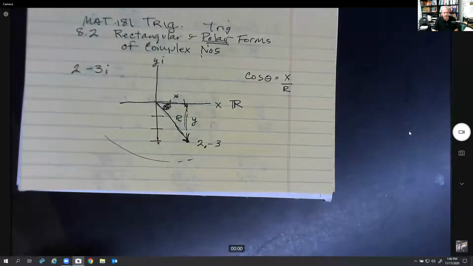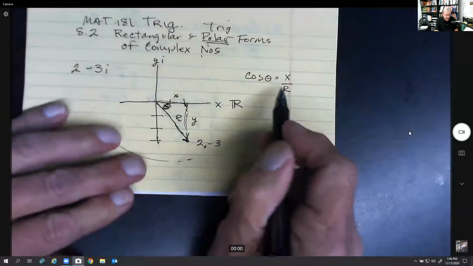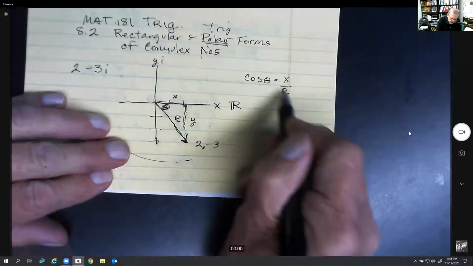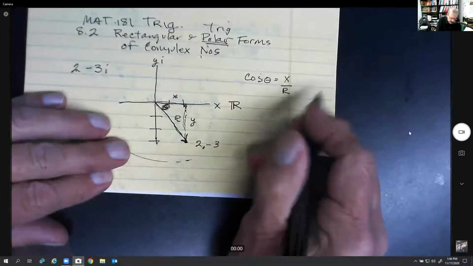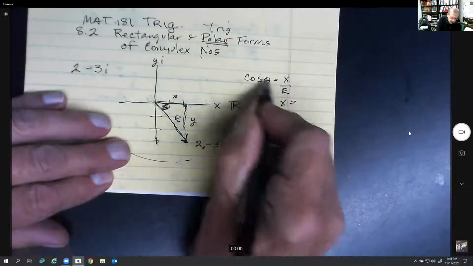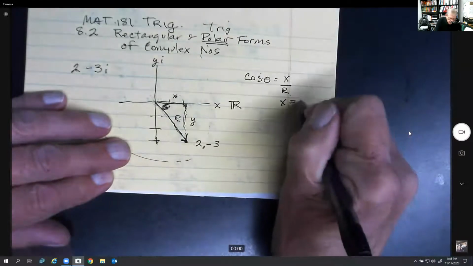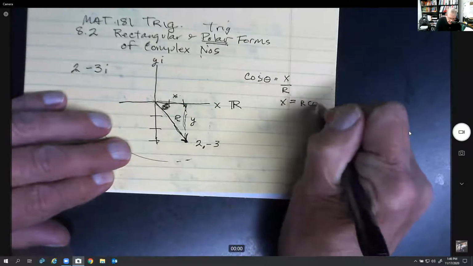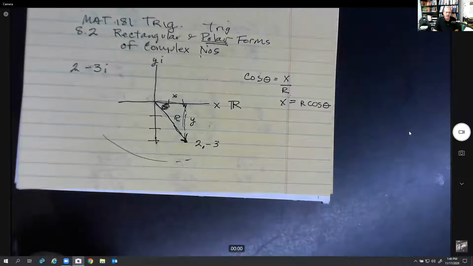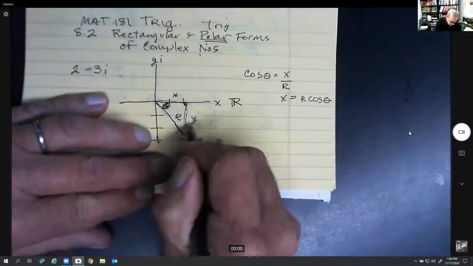But if we wanted to find out what x was, it's a proportion, so could I just multiply and say x equals r times cosine theta. R cosine theta.